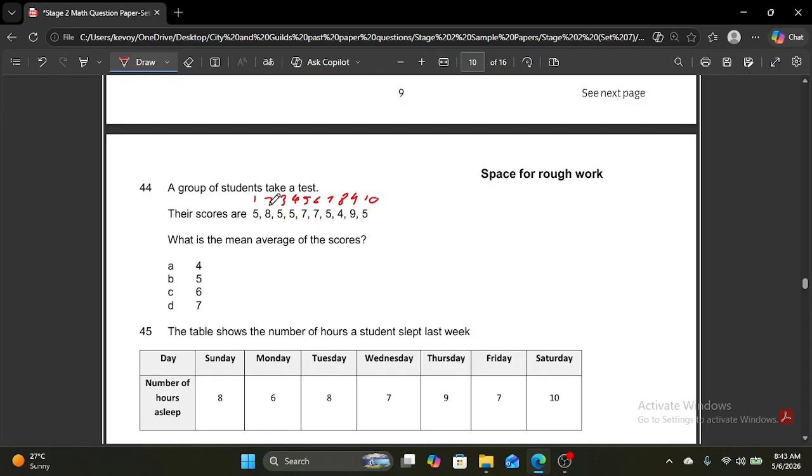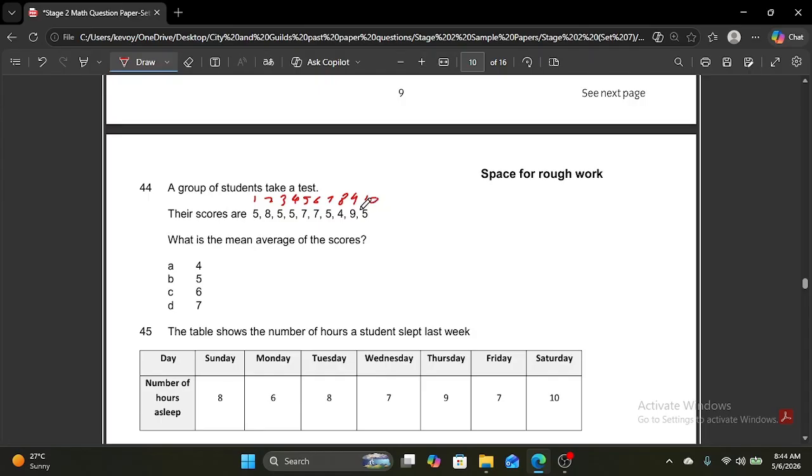So quickly, all we have to do is add everything together. That's 5 plus 8 plus 5 plus 5 is 10, plus 7 plus 7 is 14, plus 5 plus 9, that's 5 plus 4, that's 9, plus 9 plus 5, that's 14.